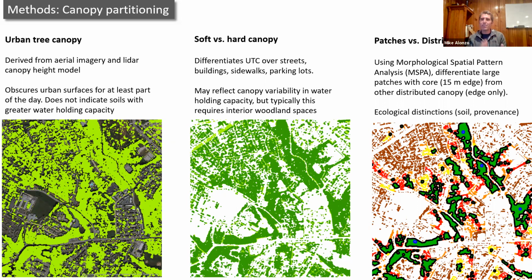So it has an edge and a core. That's what our definition of a patch is. And everything else that's soft canopy is considered distributed canopy, meaning it does not have a core. So it could be individual trees or could be small clusters of trees.